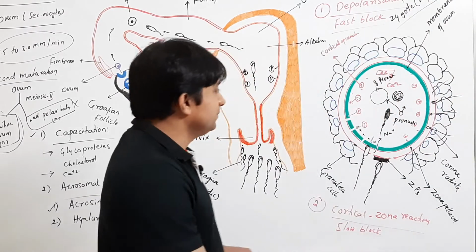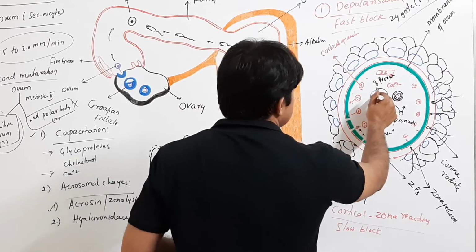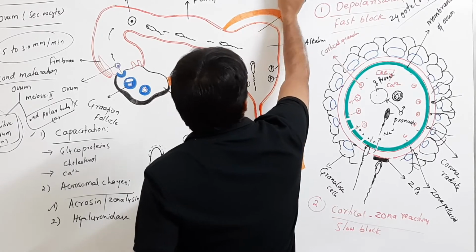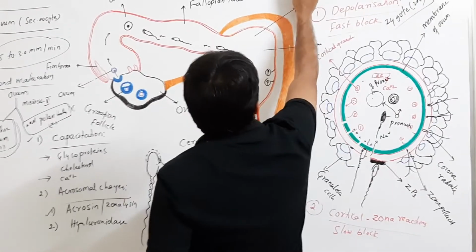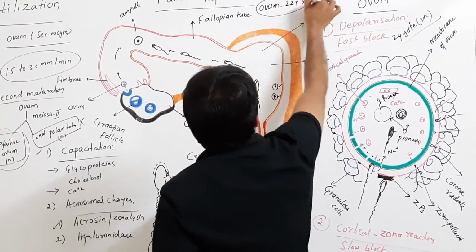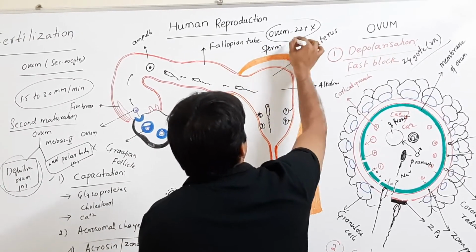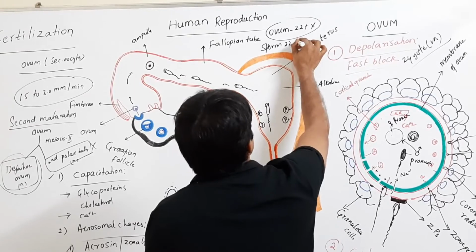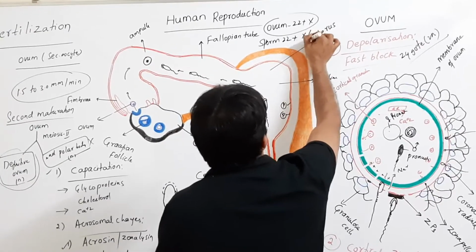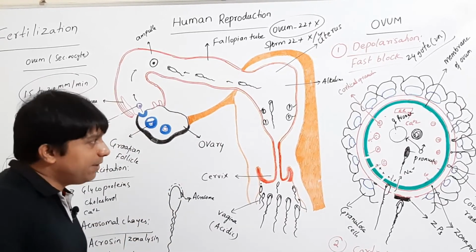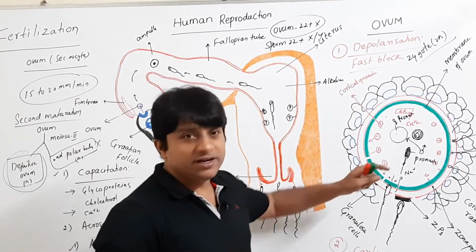So the ovum contains a haploid set with 22 autosomes plus the X chromosome, and the sperm carries a haploid set with 22 autosomes plus an X or Y chromosome. So sex is determined at the time of fertilization.